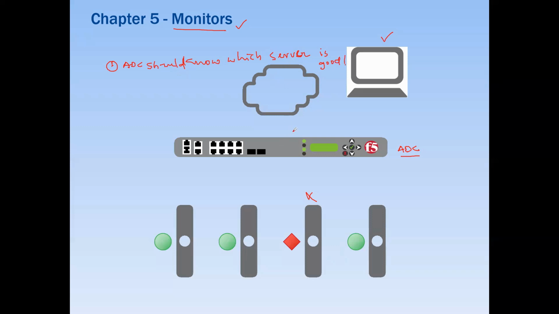Now, if this ADC should know, how would it know at first point? How would it know?